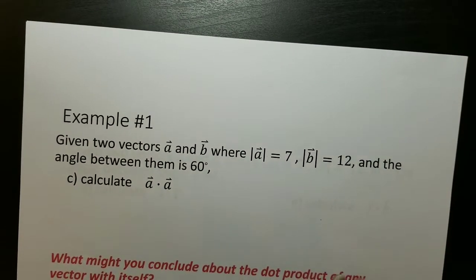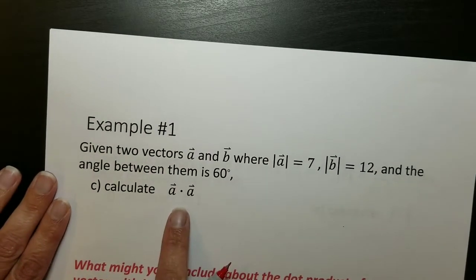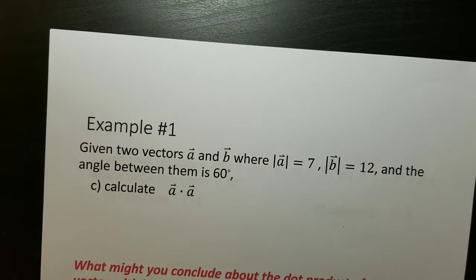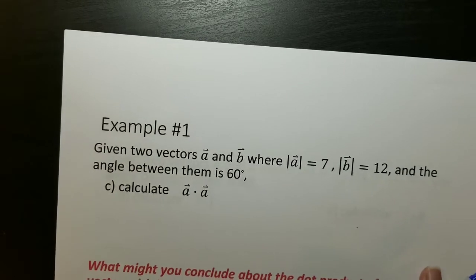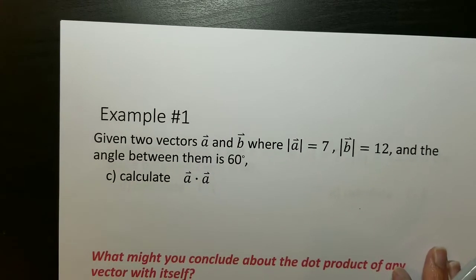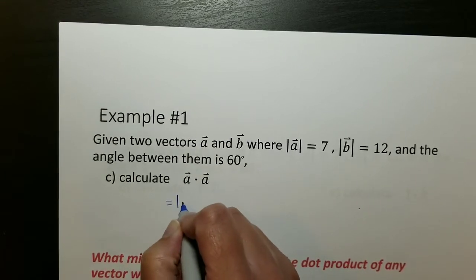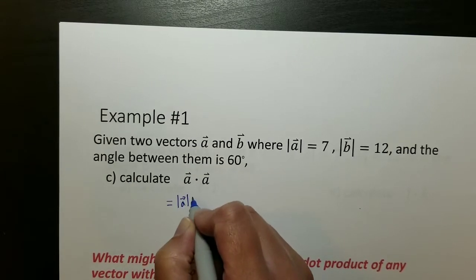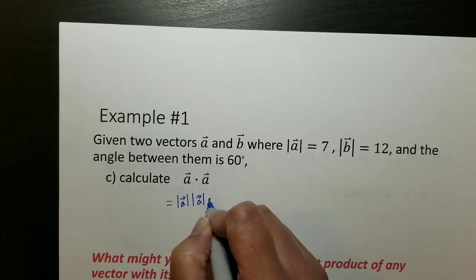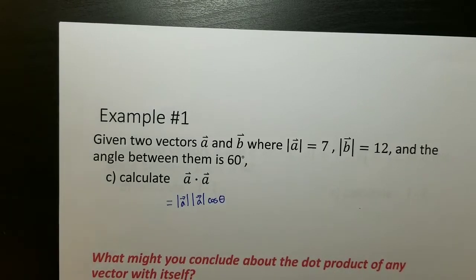With these same vectors, let's look at calculating A dot A. Can you find the dot product of a vector with itself? So this will be the magnitude of A times the magnitude of A times cos theta.